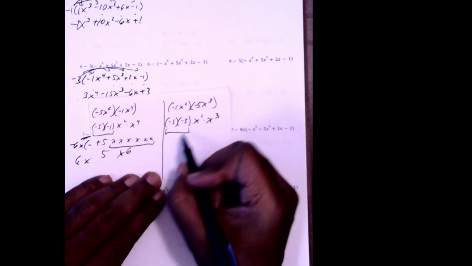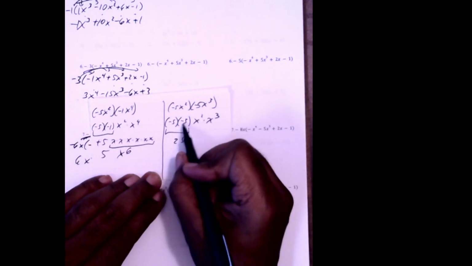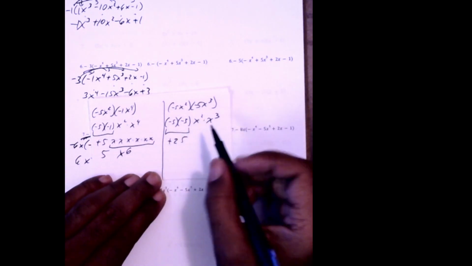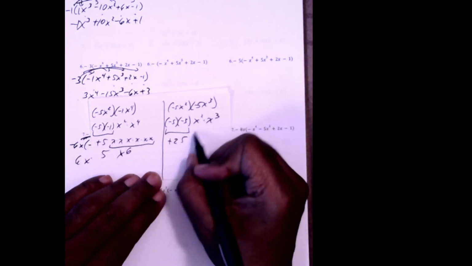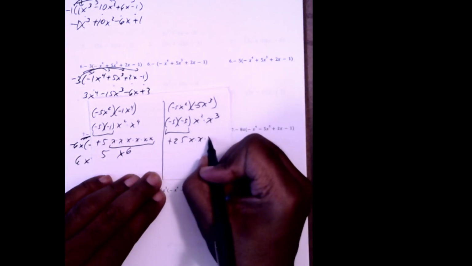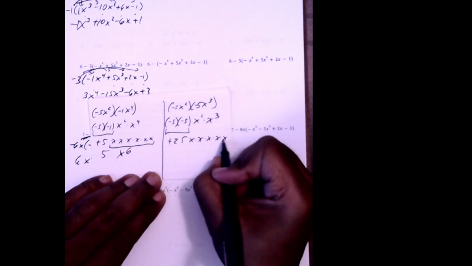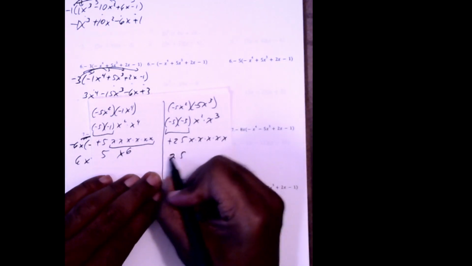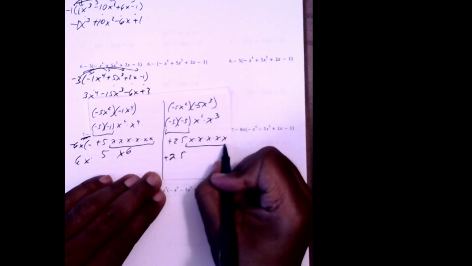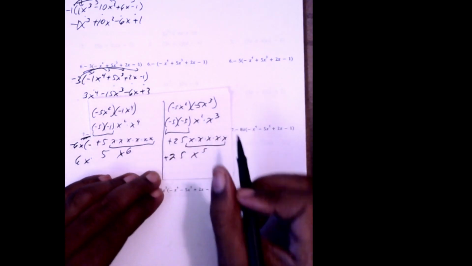And we get 5 times 5, which is 25, and the 2 negatives will give us positive when they're multiplied. And this right here is x times x, and this right here is x times x times x. So this will be a positive 25, a total of 5 x's, which is x to the fifth. So we have a plus 25x to the fifth.